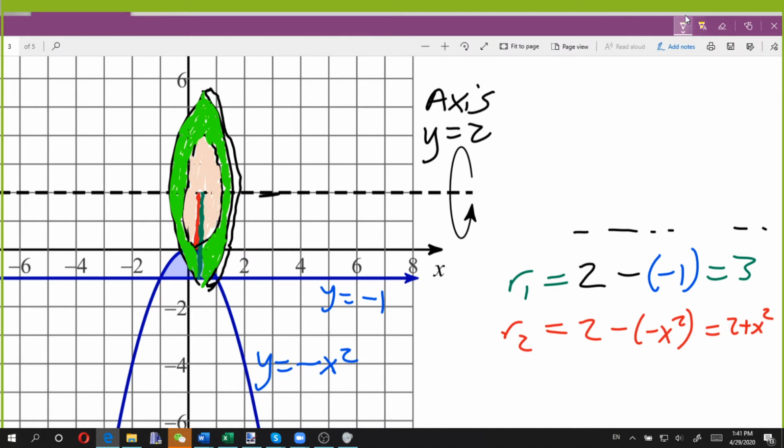Okay, then we've got an infinitely small depth, which will look like this. That depth is our change in x.